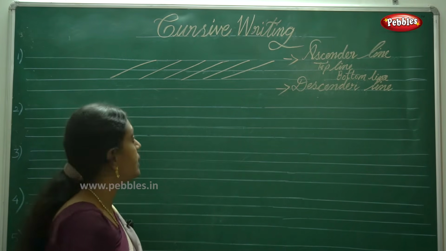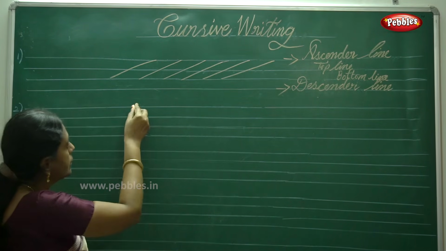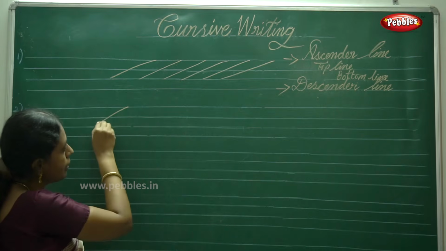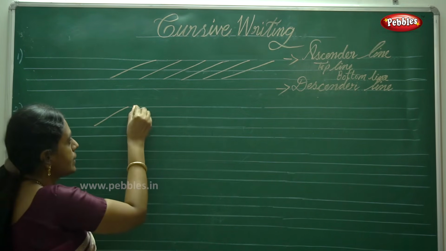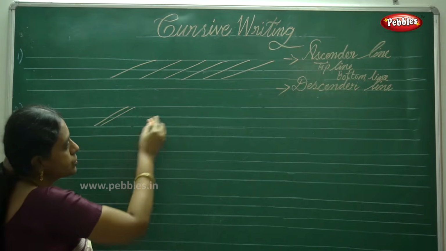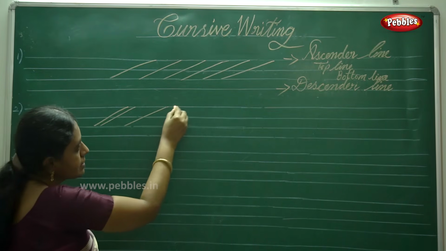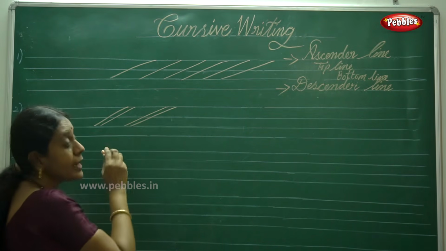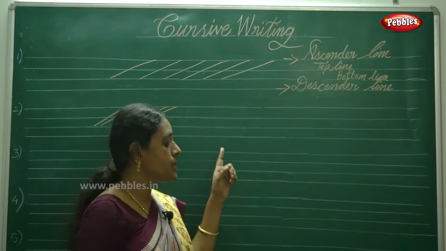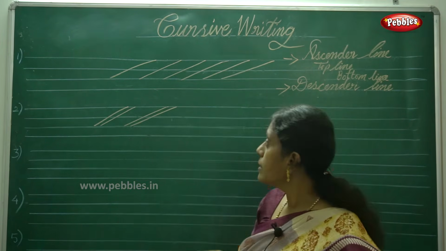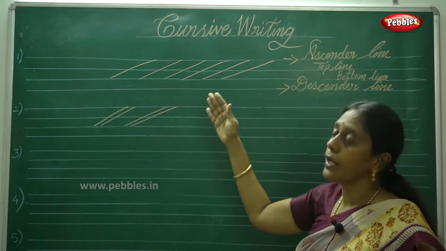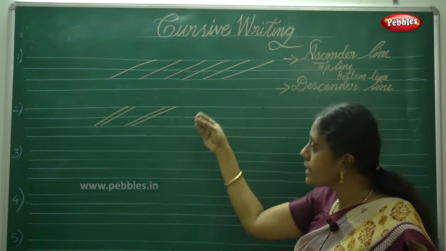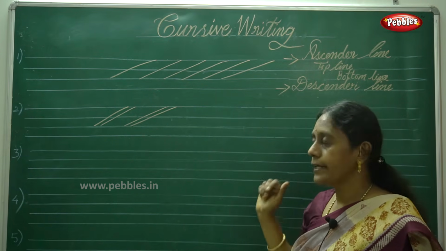Understand? Then draw 2 lines the same way, from ascender to bottom. Draw 2 lines, not erect in position. Observe all these lines, they should be very slanting. Likewise you have to make it a cursive slanting mode of writing.